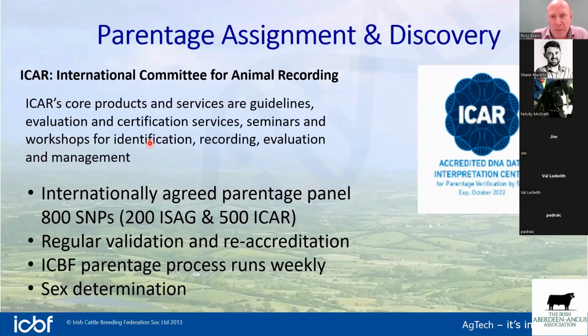So with regard to parentage assignment and discovery, ICAR have a working group around parentage, and as part of that group, they have an internationally agreed parentage panel of around 800 SNPs. 200 of those are ICIG SNPs, which is another international organization, but also 500 are new SNPs which ICAR has identified, and there's an extra 100 SNPs on there as well.